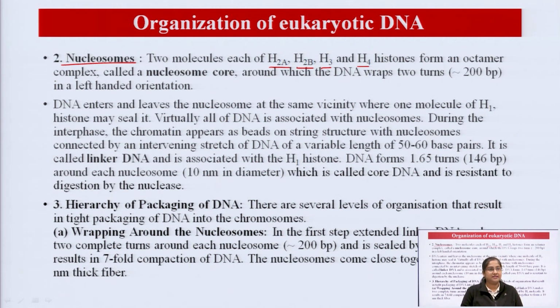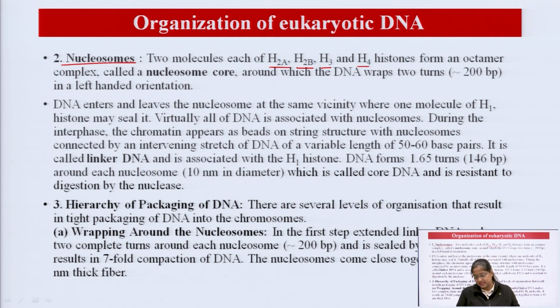Now, that was all about the nucleosome. Third is the hierarchy of packing of DNA. Now, how is the DNA packed? There are several levels of organization that result in tight packaging of DNA into the chromosomes. First is wrapping around the nucleosome.